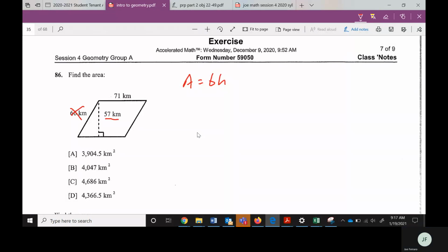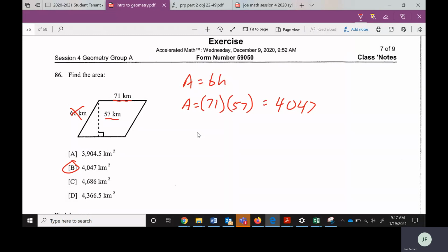If we had a line drawn, dotted line here with a right angle drawn in, then we'd use this side and not this side, but it's connecting these two. And so then we're going to use 71 for the base. So we're just going to have 71 times the height of 57. And once you figure out what numbers to use, it's that simple.